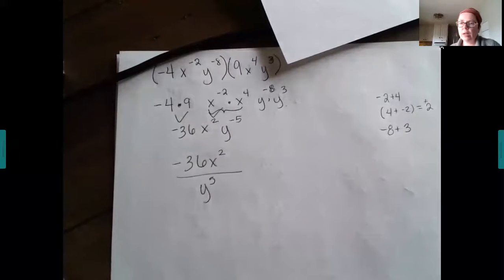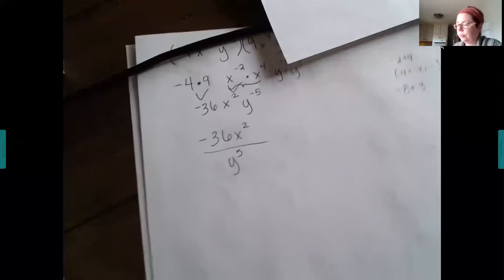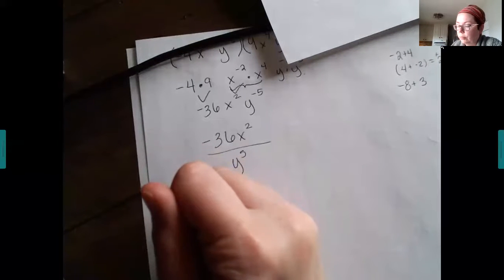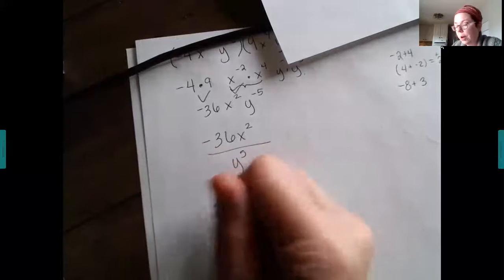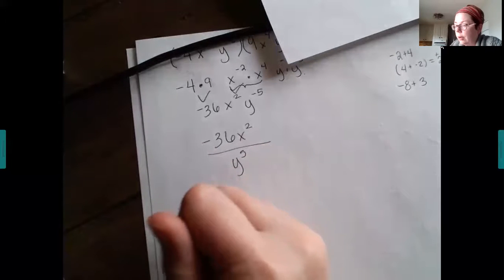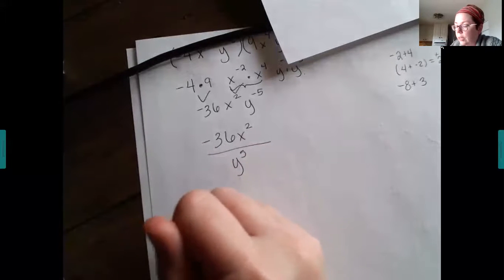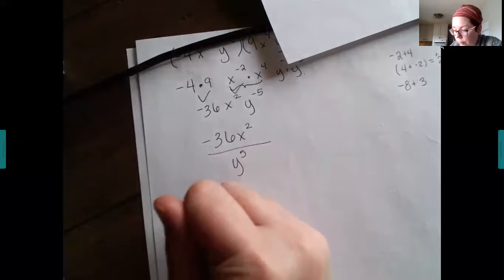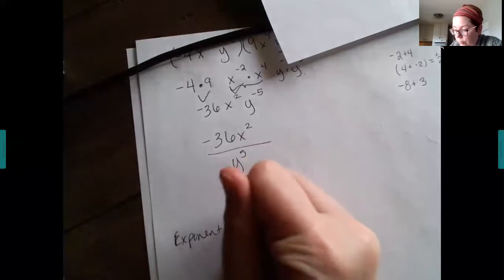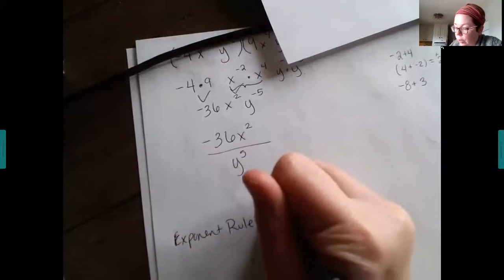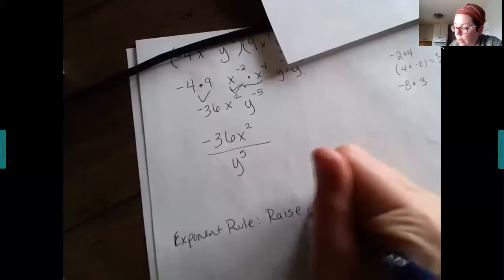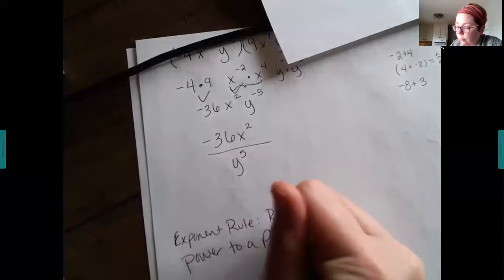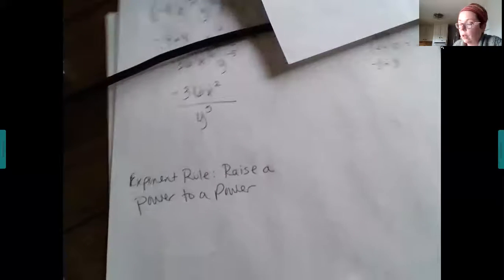All right. And last, you might see something with what looks like a fraction, but, well, it is a fraction. There is another rule, being an exponent rule. When you raise a power to a power. Okay?